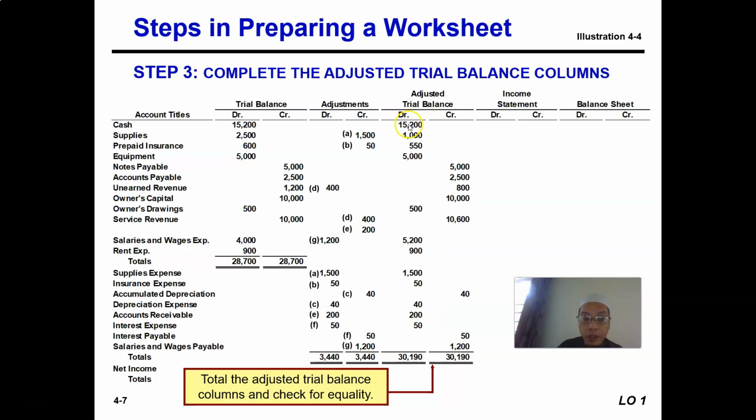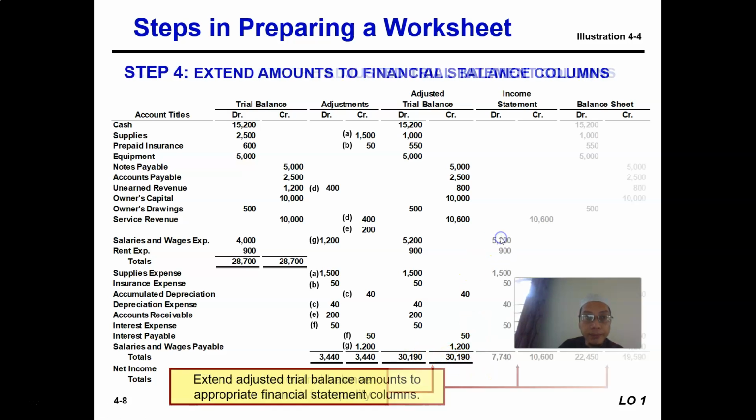After we have done this for all of the accounts, we total up the adjusted trial balance. Again, the total on the debit side should equal the total on the credit side. So that's the third step.